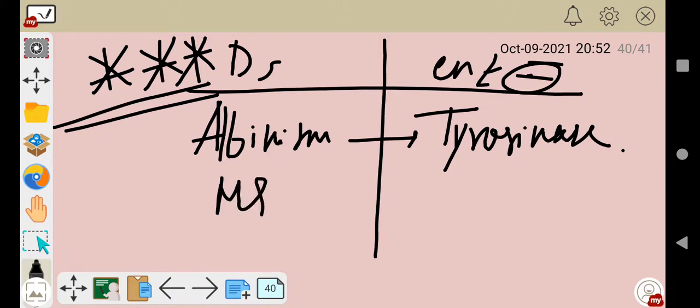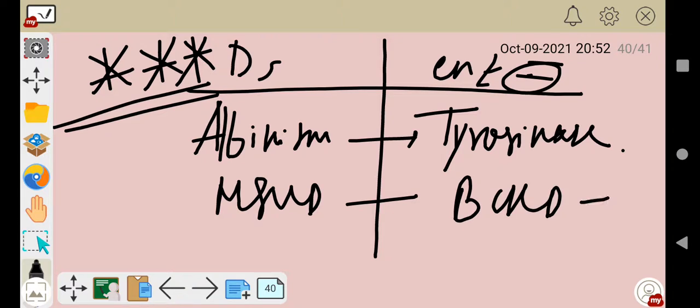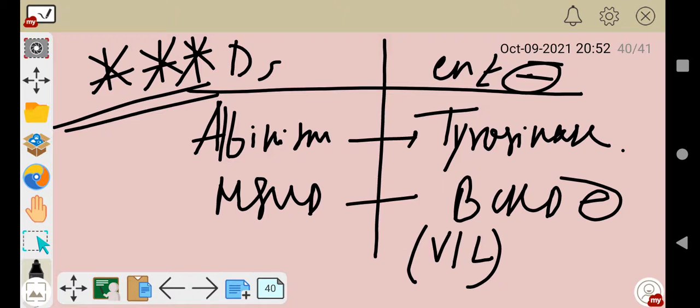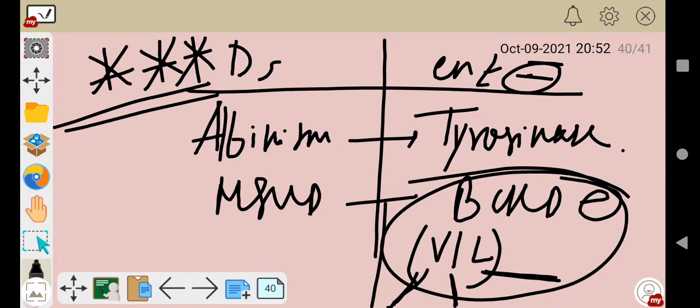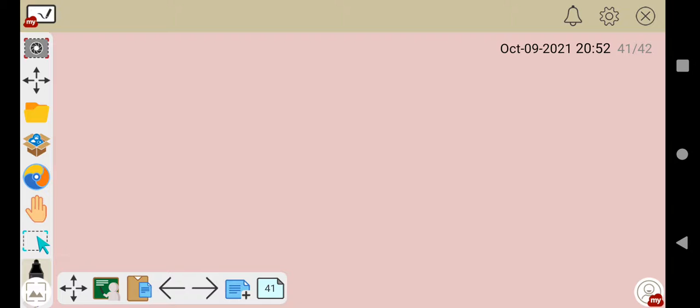Then MSUD, I described already, BCKD defective, branched chain keto acid dehydrogenase. And what are the components? Val, Ile, Leu means valine, isoleucine, leucine. I repeat, valine, isoleucine, leucine. This is BCKD. Next I am continuing the table.